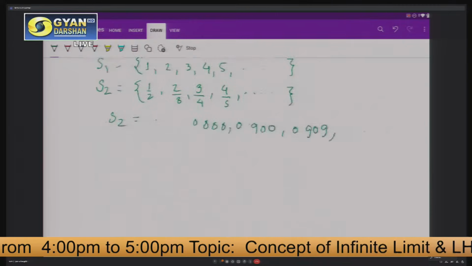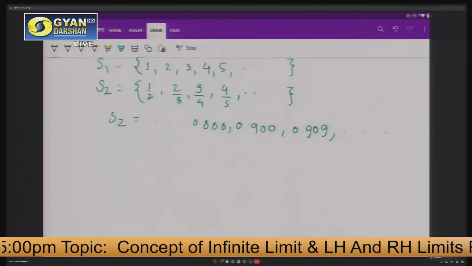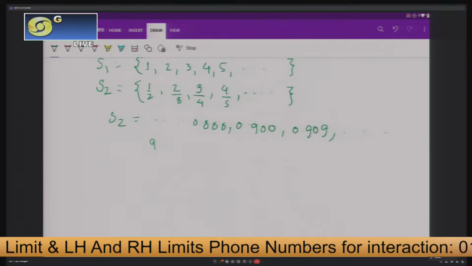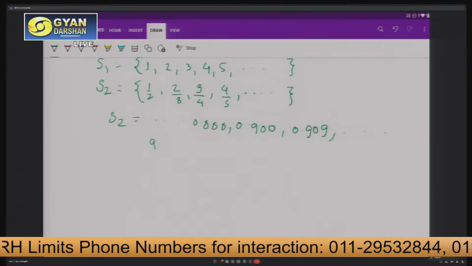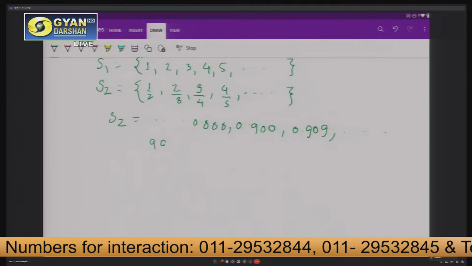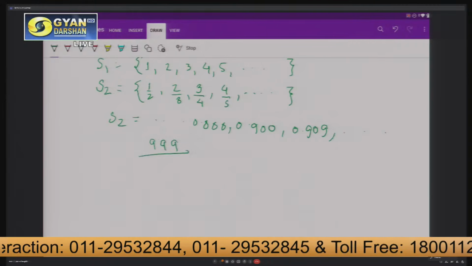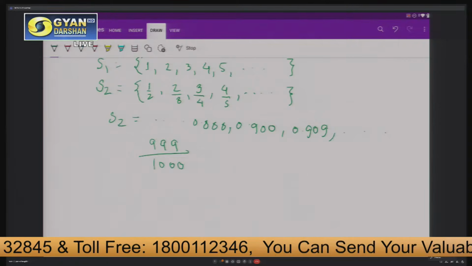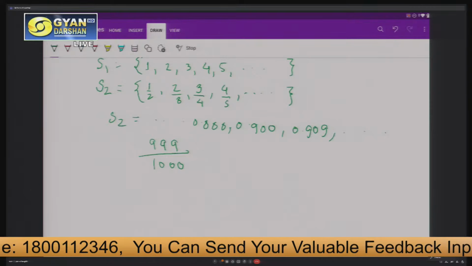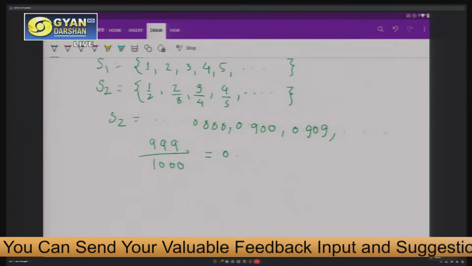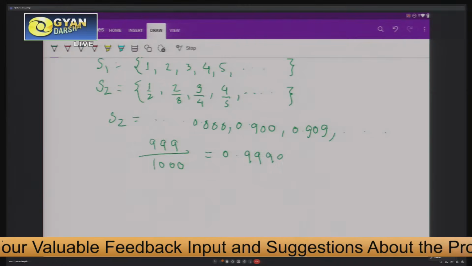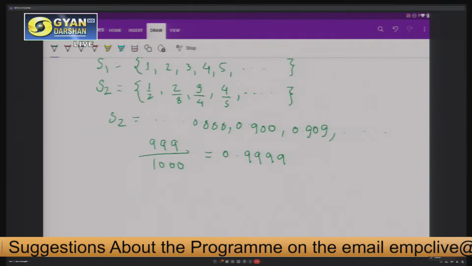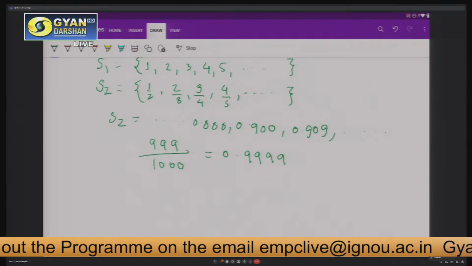In this sequence a term like 999 upon 1000 will also come, which is equal to 0.999. So this sequence is approaching towards 1, but it is not exactly 1.